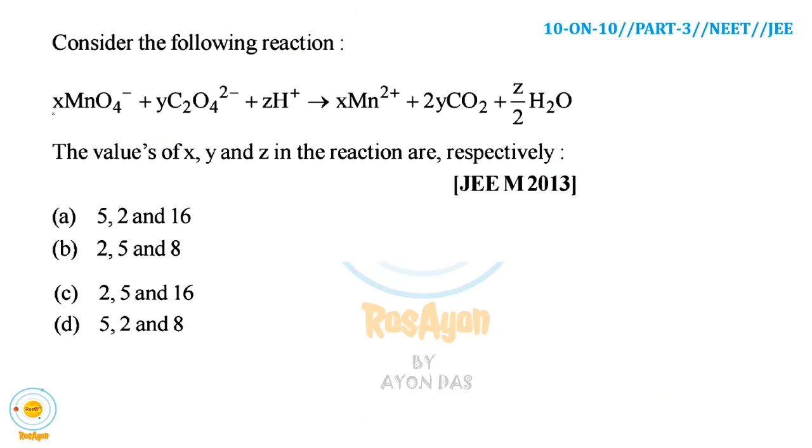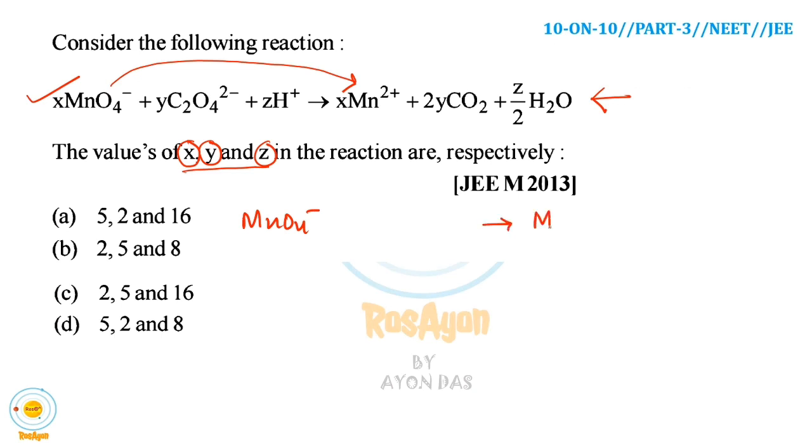Okay, see the next problem. Here one chemical equation is given. You have to determine the value of x, y and z. To determine these values, you have to balance this equation. Here MnO4 minus is converted to Mn+2. So write this: MnO4 minus is converted to Mn+2.